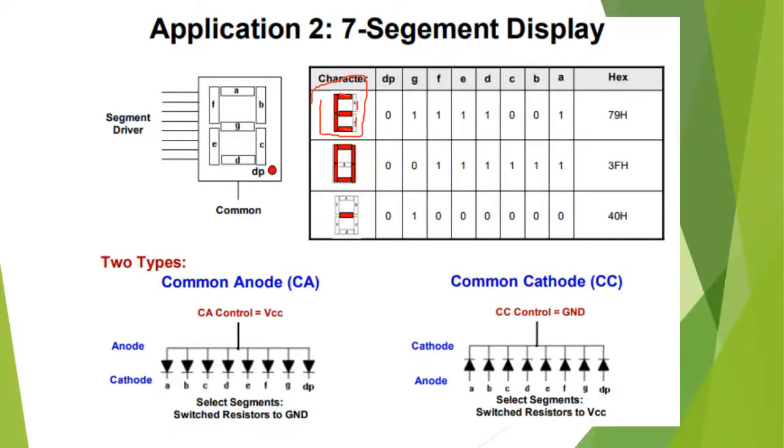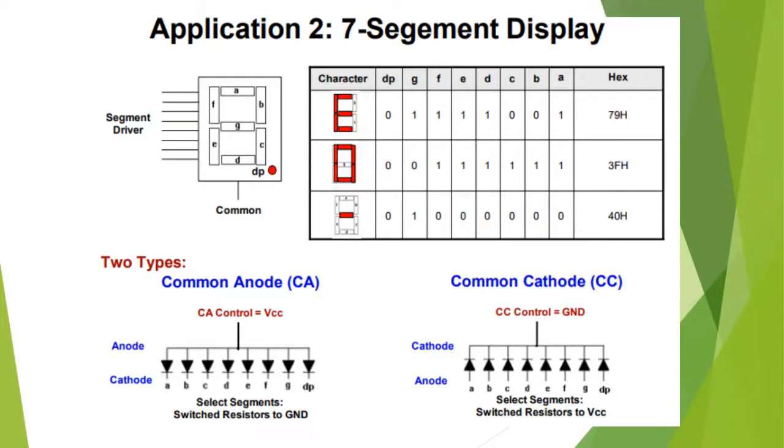Look at here. So for example, if we want to display E, what are the segments we have to make on? A must be on, B... okay, so different color, I can use different color.